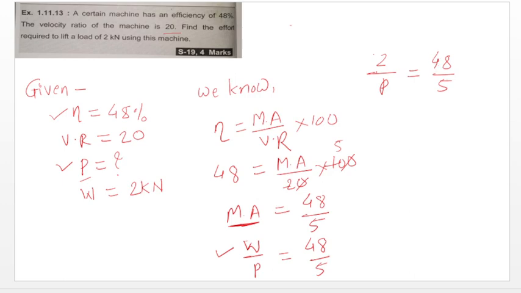Then I can find the effort using this. Now I can make the calculation this way: P is equal to 2 into 5 divided by 48, and you can solve it on the calculator.